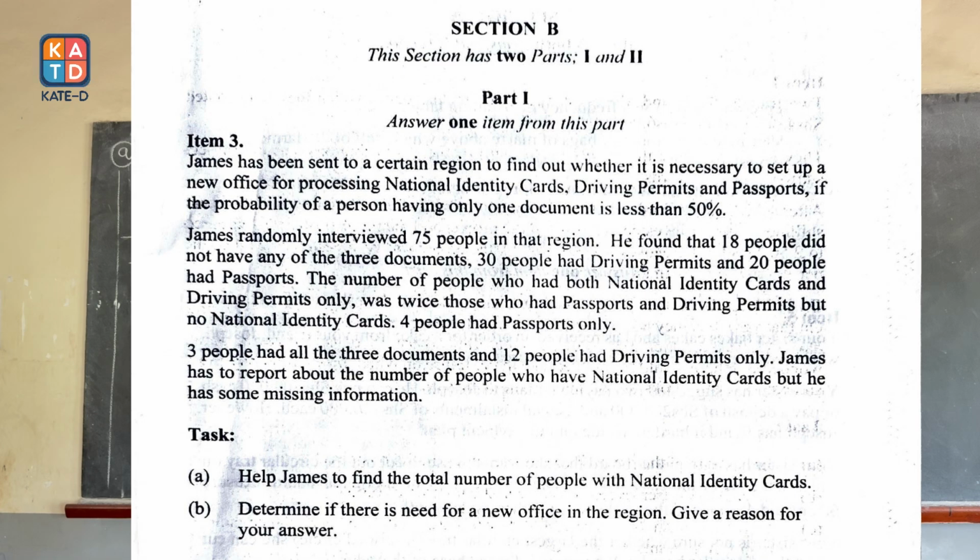James has to report about the number of people who have national identity cards, but he has something missing as the information. Under the tasks, we have part A. Help James to find the total number of people with national identity cards. Part B, determine if there is need for a new office in the region and give a reason for your answer.